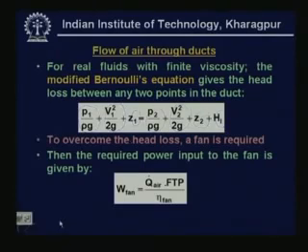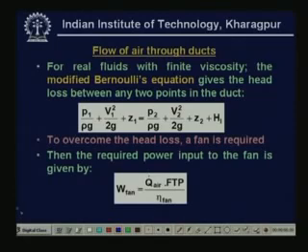And to overcome the head loss, a fan is required, because you can see that there is a loss of head because of the viscosity. So, if you want the fluid to flow, then a fan is required. And when you use the fan, you have to put in some work input, and the required power input to the fan is given by this equation: W subscript fan is equal to Q dot air into FTP divided by eta fan, where this is the power input in, let us say, watts, and Q dot air is the volumetric flow rate of air in meter cube per second, and FTP is what is known as fan total pressure in pascals, and eta subscript fan is the efficiency of the fan.